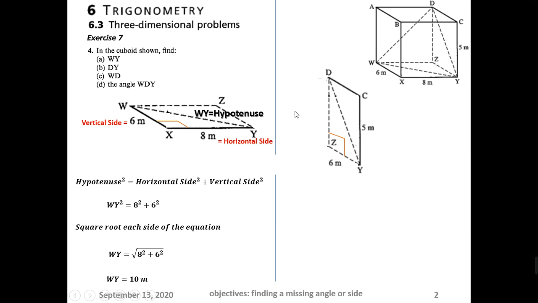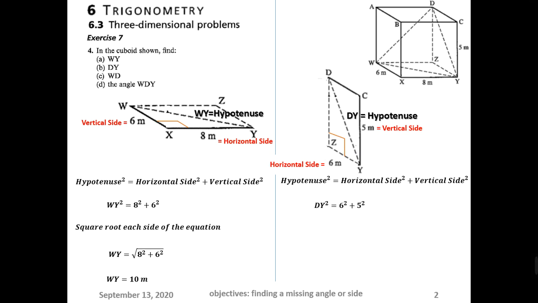So can we once again apply the Pythagorean theorem? DY is the hypotenuse, like I mentioned, and this is the horizontal, this is the vertical. Let's apply the Pythagorean theorem. Hypotenuse to the power of 2 is equal to the horizontal side to the power of 2 plus the vertical side to the power of 2. Let's substitute. The hypotenuse DY squared is equal to, the horizontal side is 6, so 6 squared plus the vertical side is 5, so 5 to the power of 2.